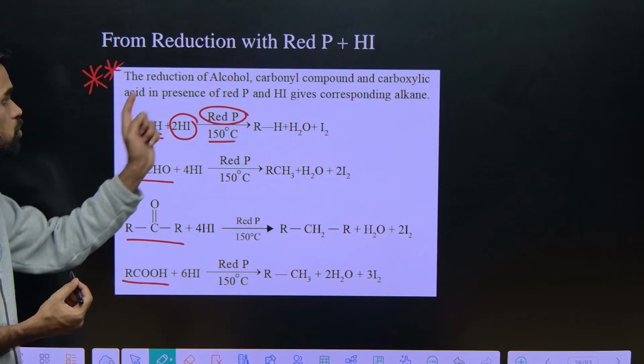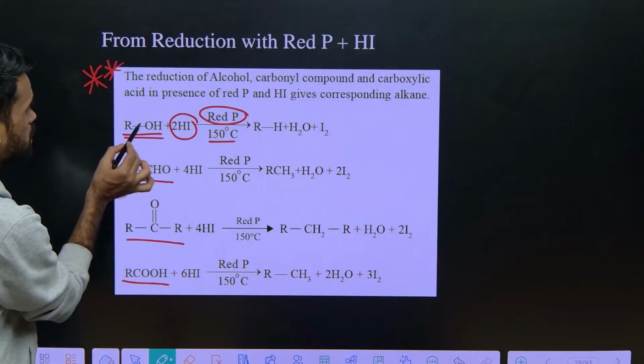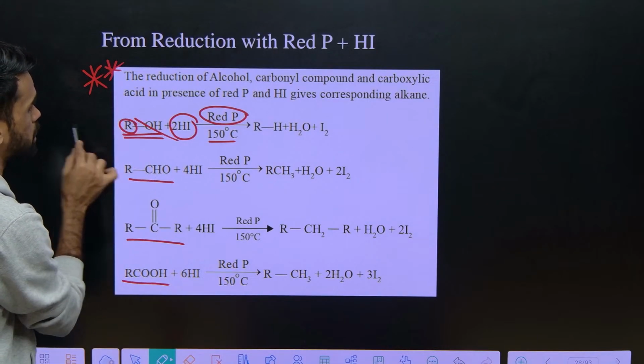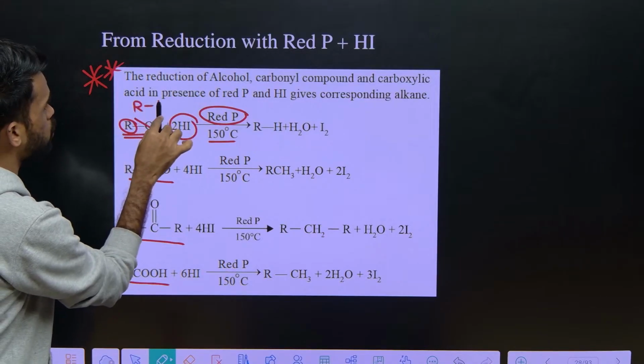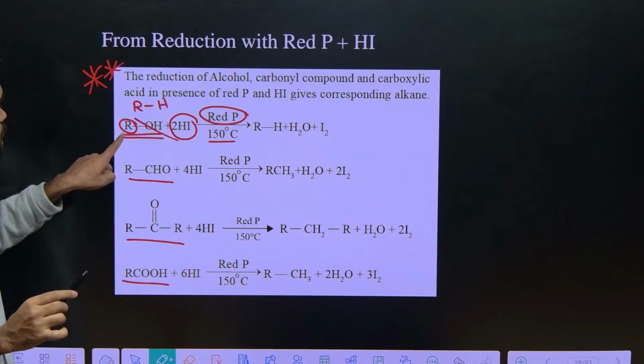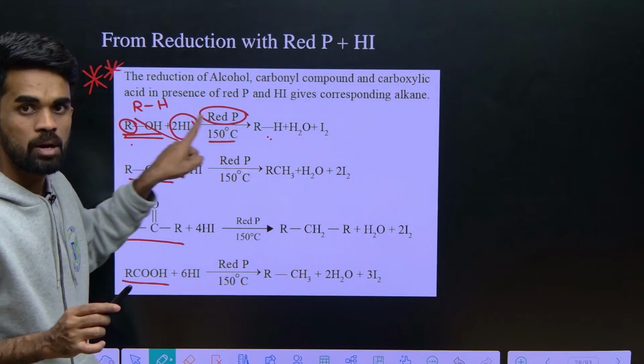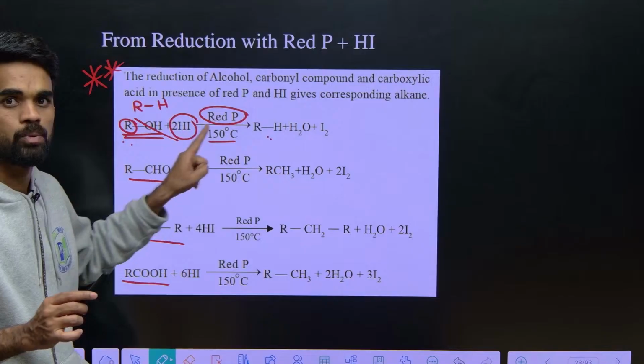That will produce the respective alkane. Just remove this oxygen bond, only the alkyl group is there now, you convert that alkyl group into RH form, that's it. If it is methanol, you are going to get methane. If it is ethanol, you get ethane. Propanol, propane. Butanol, butane, like that.